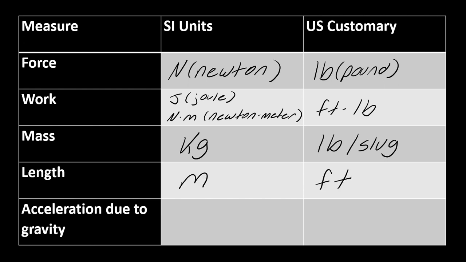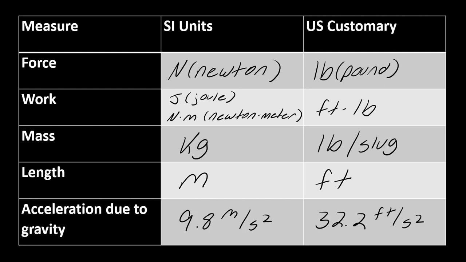And then we have the length. The lengths that we're using are either meters or feet. And then also I want to mention acceleration due to gravity. That's 9.8 meters per second squared in SI units, or 32.2 feet per second squared if we're talking US customary. Okay, so this little chart is going to be very, very helpful for so many reasons.